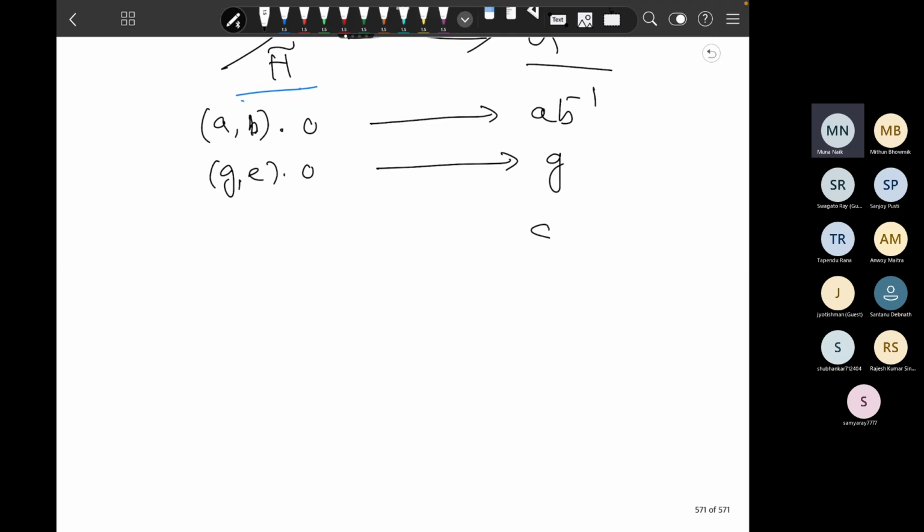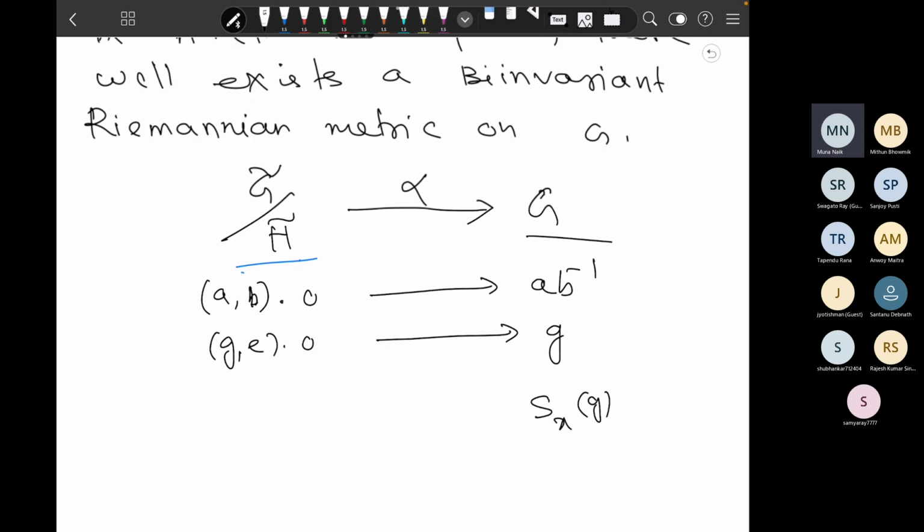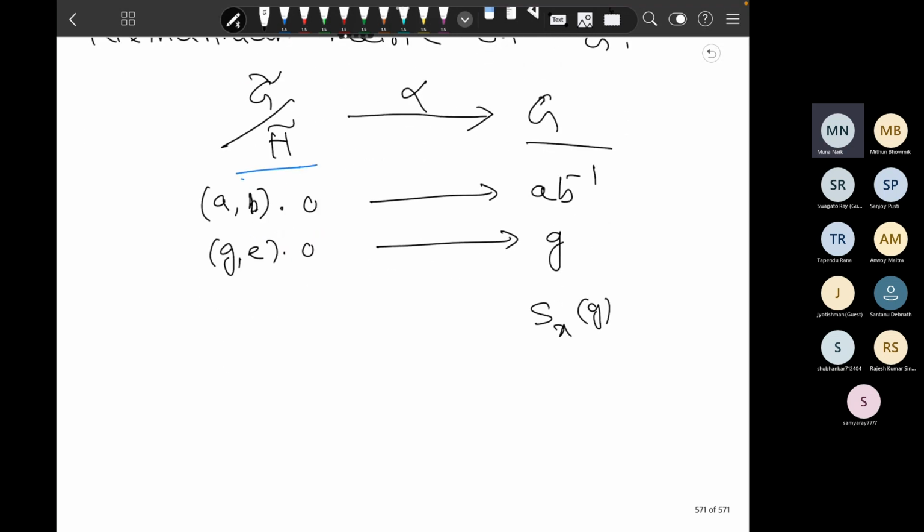Now I want to find this S_x, where x belongs to G and g belongs to G. Under this, this will correspond to x dot o going to g dot o.